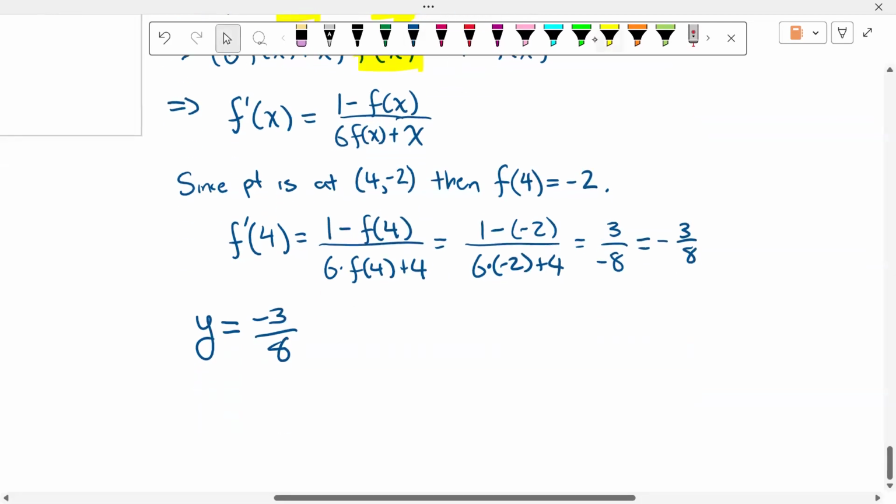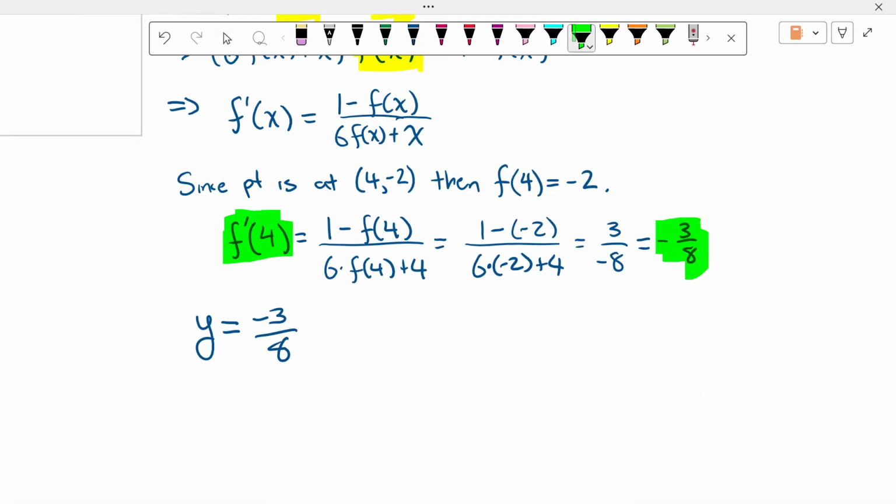So my f prime of 4, that gives me the slope of my tangent line, is -3/8. And then what's my a? What's my x minus gonna be? 4, right? I'm going through that point right there. And then what's my b going to be? -2, yeah. There we go, that's it.